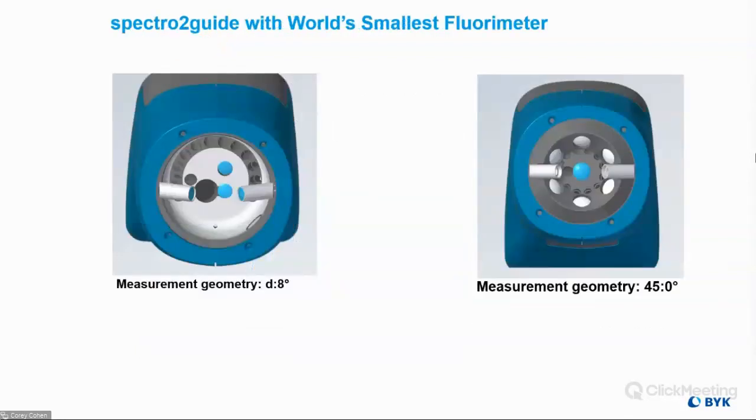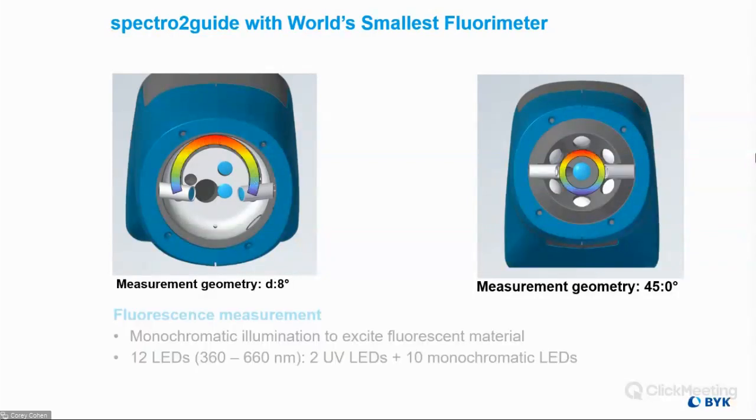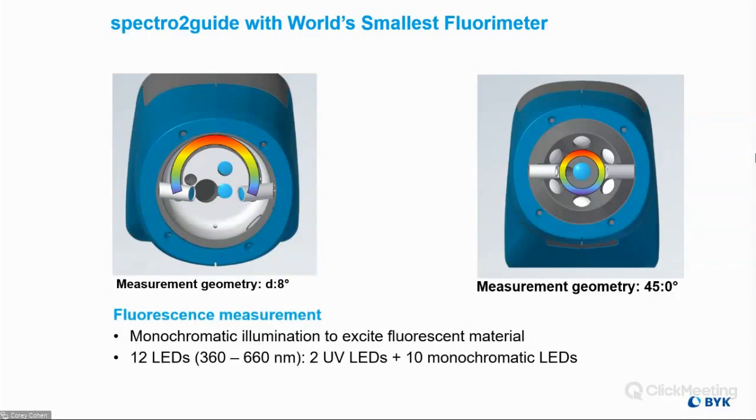And so this throws sort of a wrench into the works when it comes to color measurement, because we have to account for that, particularly when it comes to different light sources. So we have this instrument, our Spectra 2 guide, which is not only a spectrophotometer, it is actually a handheld fluorimeter. A fluorimeter is an instrument specifically for measuring the fluorescence in a material.